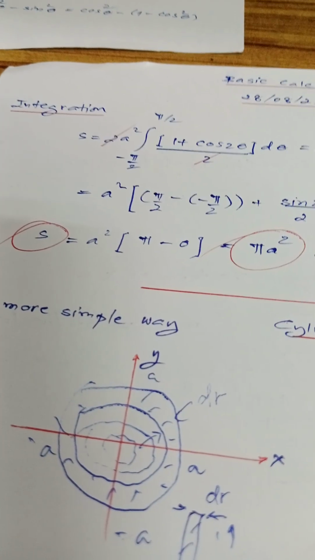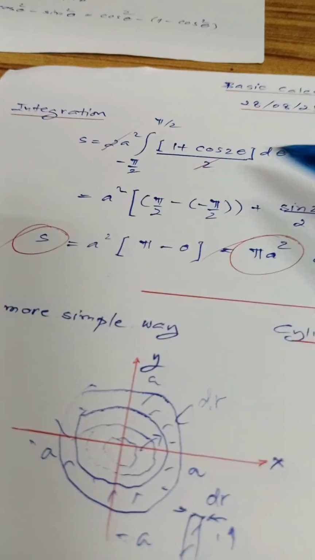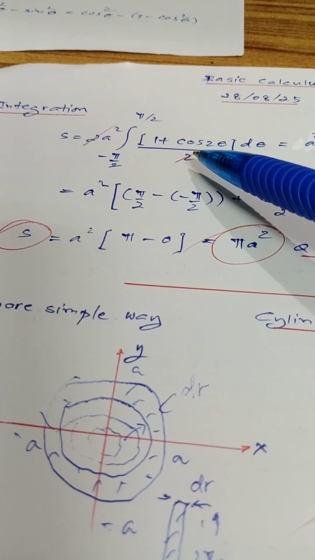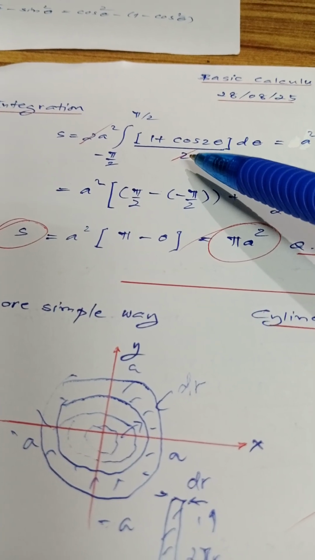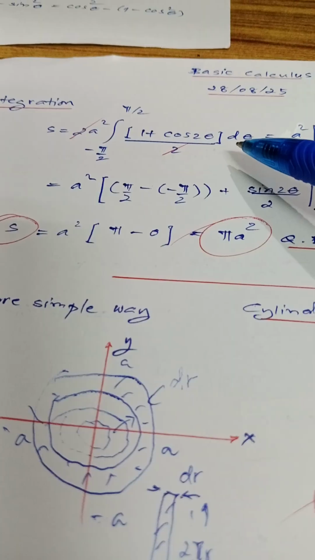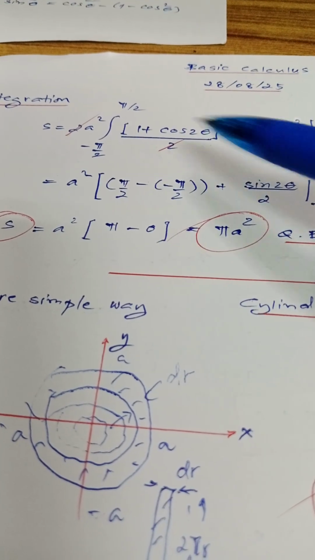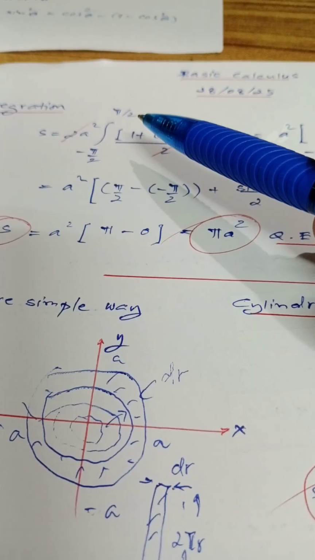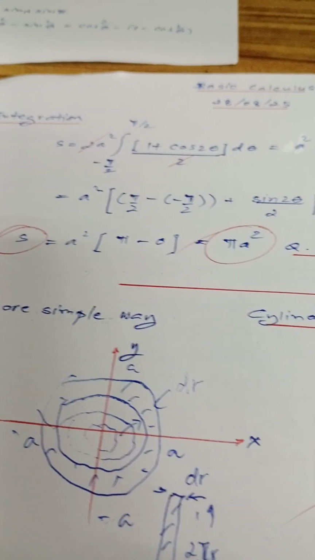Now, this is your cosine squared theta. And then you integrate with respect to d theta. This is your lower limit, negative pi over 2, and this is your upper limit, pi over 2.